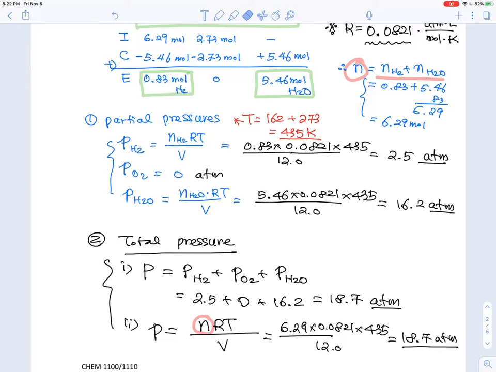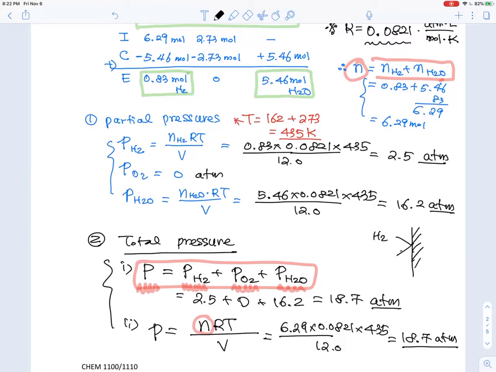One universal relationship here is that a partial pressure is an individual pressure contribution towards the total pressure, measured as P. You can visualize this: this is a wall, and a hydrogen gas molecule makes a bounce, and then an H2O gas molecule makes a bounce.